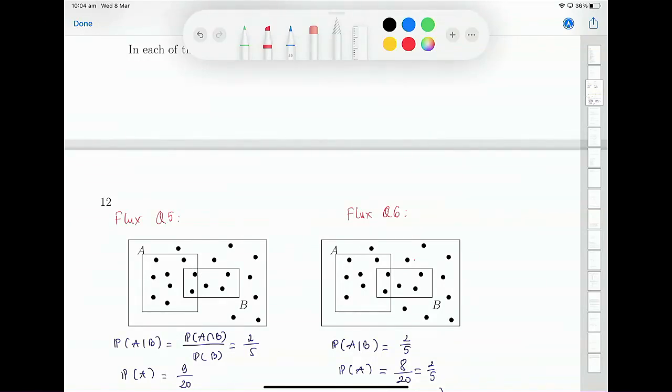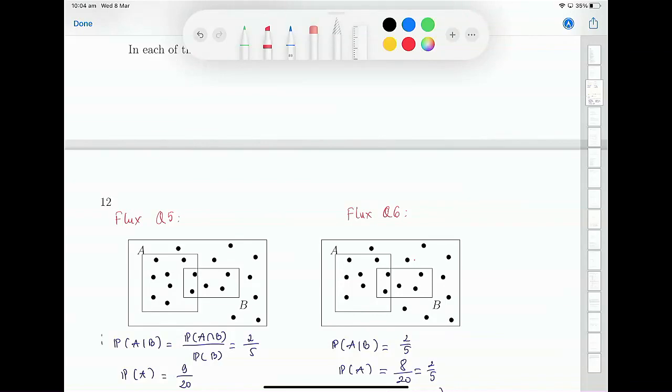And in the right hand side picture, the probability of A given B is 2 over 5, the same, but the probability of A is 2, 4, 6, 8 over 20, which is 2 over 5.